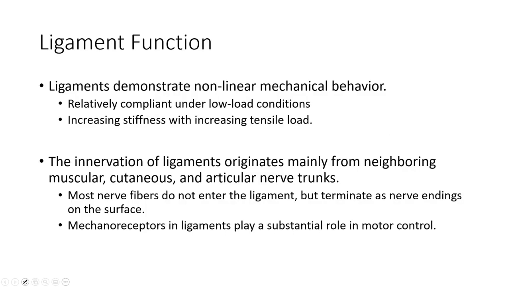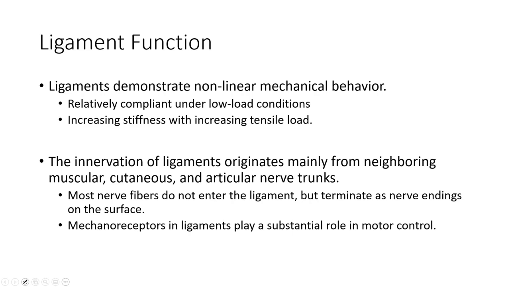Ligaments demonstrate non-linear mechanical behavior too. They are relatively compliant under low load conditions. You may hear the term creep, where we can apply low load to a tissue and it progressively elongates, sometimes to a conformational change that's not reversible.